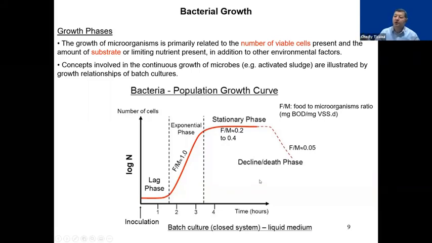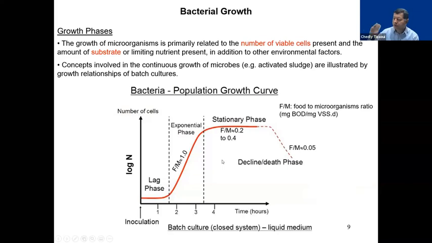So what we are interested in here is how to use this information for our design. As you can see, we need to think about the exponential phase, the growth of the microorganisms, but also the ratio between food and microorganisms, and also the decay rate. All these are important variables or parameters that you need to consider in the design, and hopefully we'll see that in the kinetic equations in a minute.